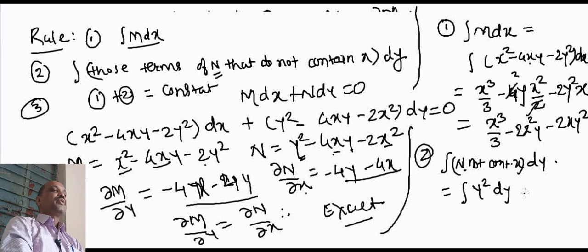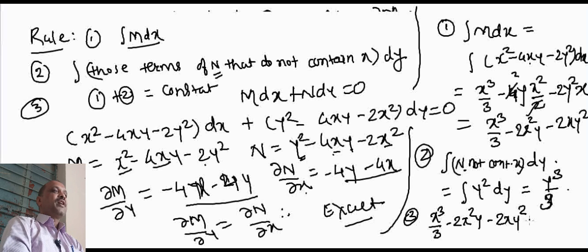This is the integration of only y square with respect to y, and that will be y cube divided by 3. Now, what is the third step? First plus second. The solution is x cube divided by 3 minus 2x square y minus 2xy square plus y cube divided by 3 equals constant. This is the solution of this exact differential equation.